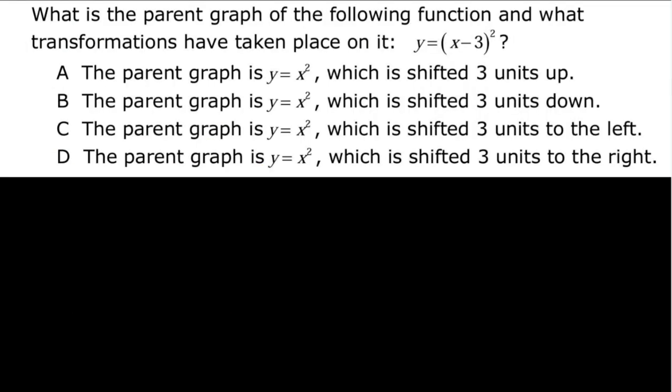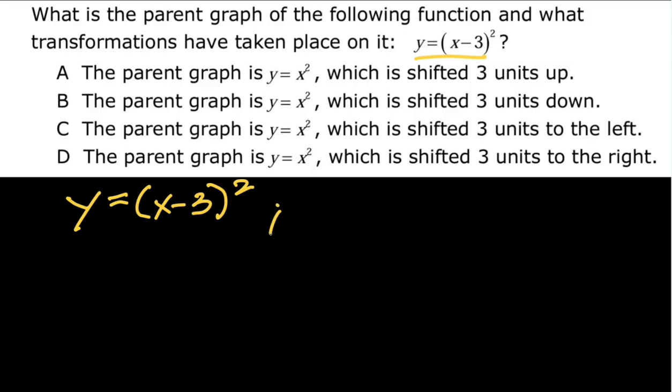What is the parent graph of the following function and what transformations have taken place on it? We're given here this function, y equals (x minus 3) squared. Since this is quadratic, the graph of this is a parabola.